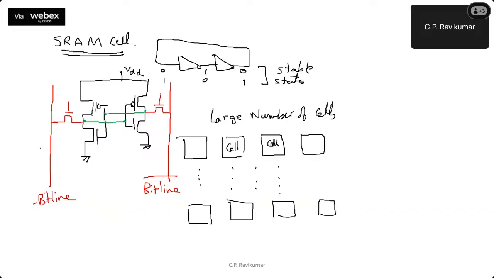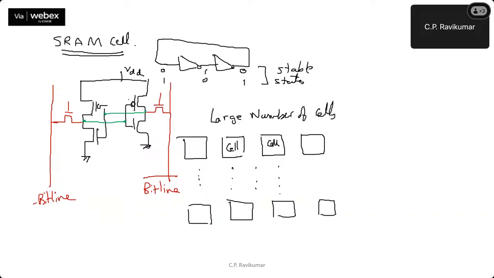And if you make the other way around, if you want to make this low, you will give a logic 1 here and a logic 0 here, and that would send this memory to the other state.